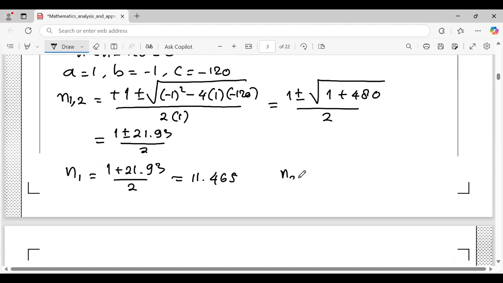And then n2 is 1 minus 21.93 over 2, and the result is minus 10.465. But this is not valid because the n value should be positive. So we are going to use this value, n equal 11.